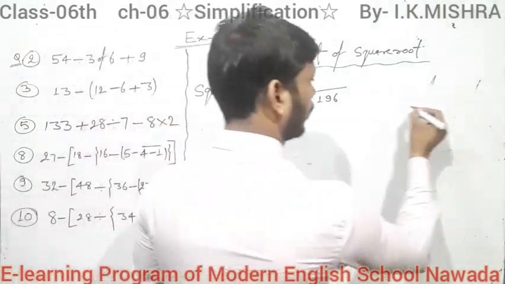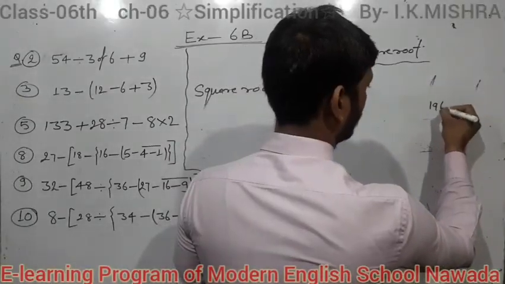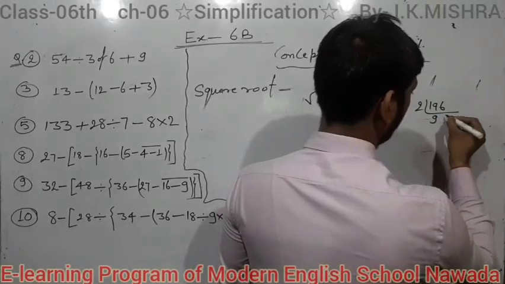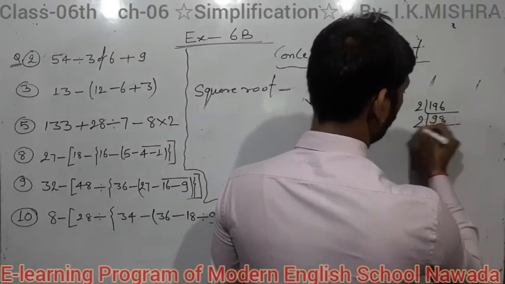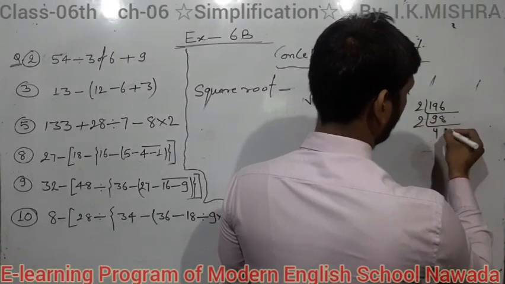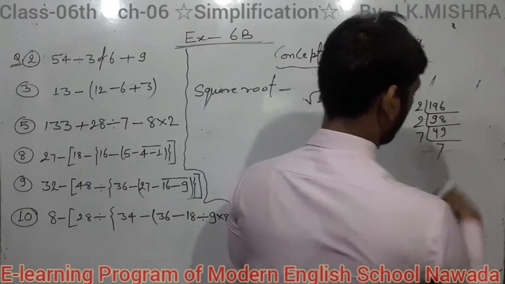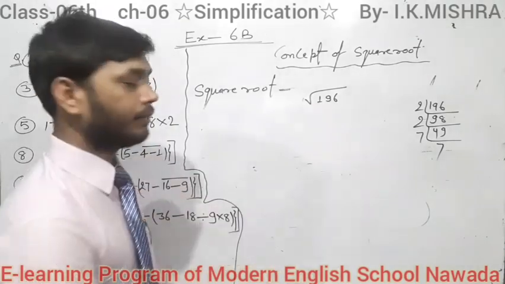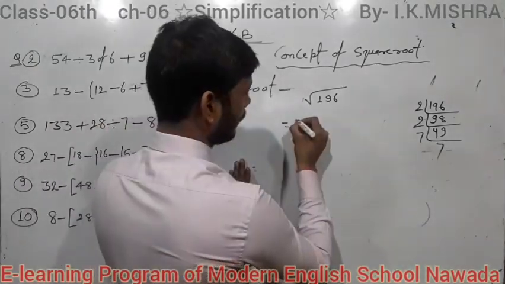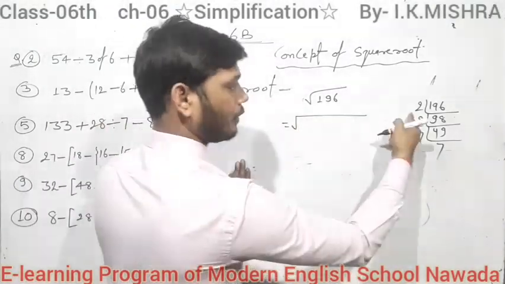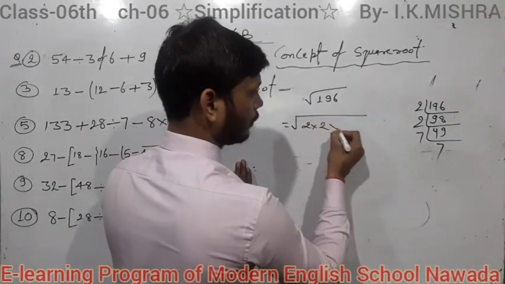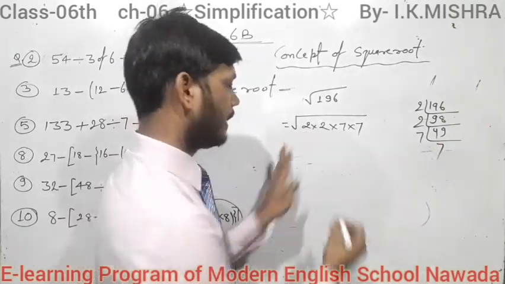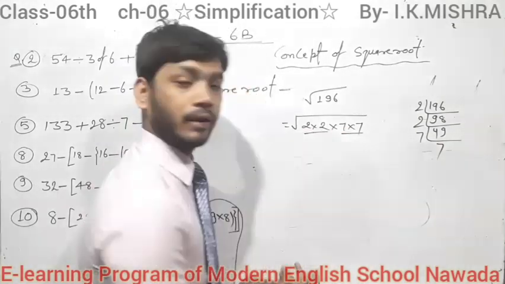First of all, find the prime factorization of 196: 2, 98, 2, 49, 7, 7. Students, observe. Here, it will be written under root 2 into 2 into 7 into 7. And here, it means 2 square, and it means 7 square.